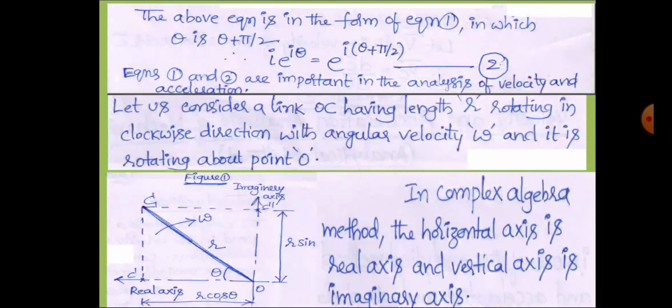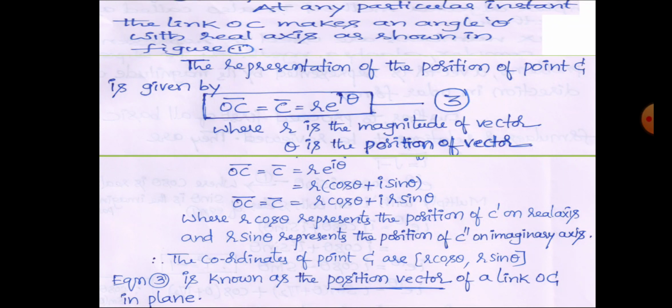Let us go back and see how I got this. After considering a vector in the real and imaginary axes, if I project the point C onto the real axis, it coincides at point C dash, and if I project it onto the imaginary axis, it coincides at what I called C double dash. Now if I measure from the origin, the vertical height is r sin theta and the horizontal component is r cos theta. Therefore, r cos theta represents the position of which point?